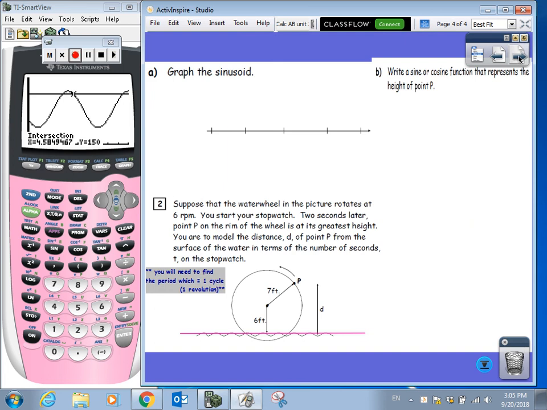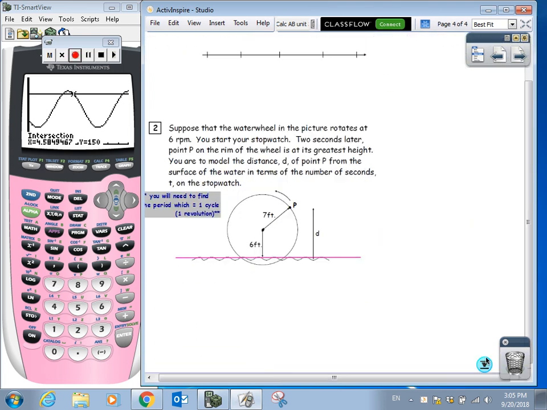All right, and then the last one for today, water wheel. So these problems, it could be a water wheel, a Ferris wheel, a bike wheel, a car wheel. Anything like that could be a problem like this. This problem, a water wheel, is going to go under the water. But if you're doing a Ferris wheel problem, would a Ferris wheel hit the ground or go under the ground?